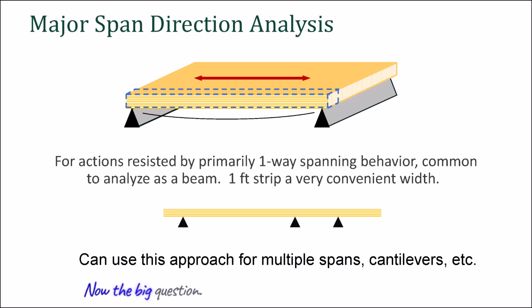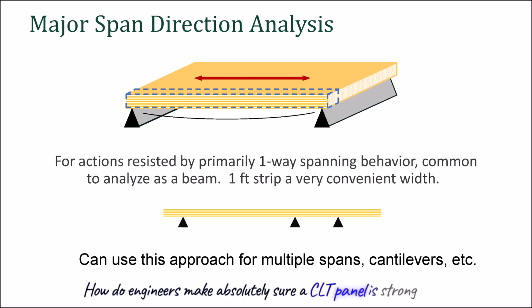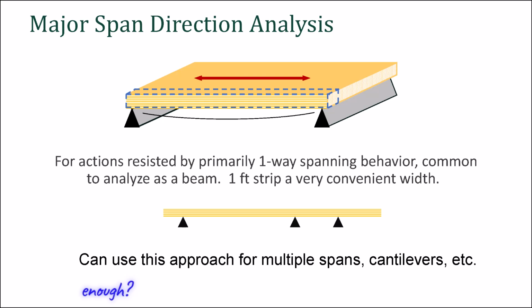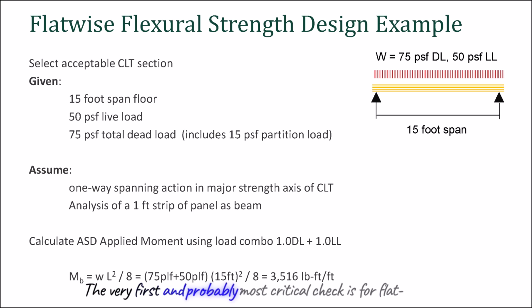Smart. Now, the big question, how do engineers make absolutely sure a CLT panel is strong enough? Strong enough to hold everything up? Yeah, the fundamentals. The very first and probably most critical check is for flatwise flexural strength. Flexural strength. Right. It's all about the panel's ability to resist bending forces. Think of a diving board you wanted to flex a bit, but definitely not break. Makes sense.